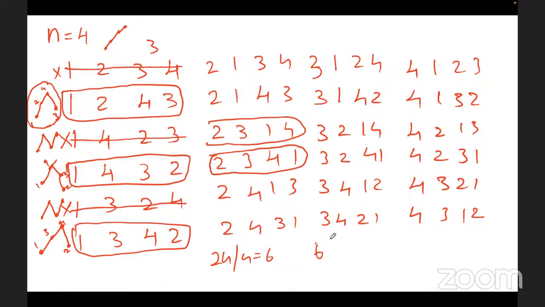It is 6, divided by 3, you got 2. Right. Then what would be the answer for 5? What is 5 factorial? 120, divided by 5. So what is 120 divided by 5?